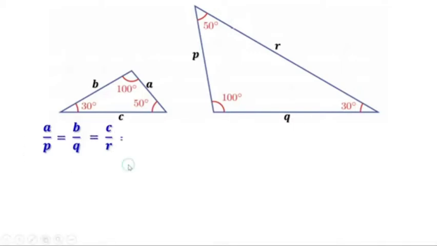That is A by P is equal to B by Q is equal to C by R is equal to K, some constant K.